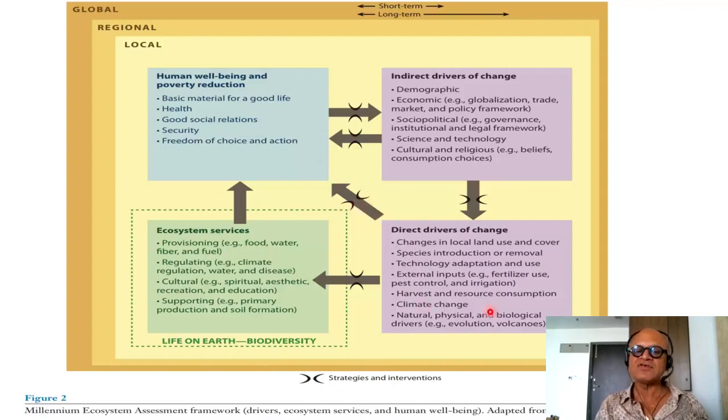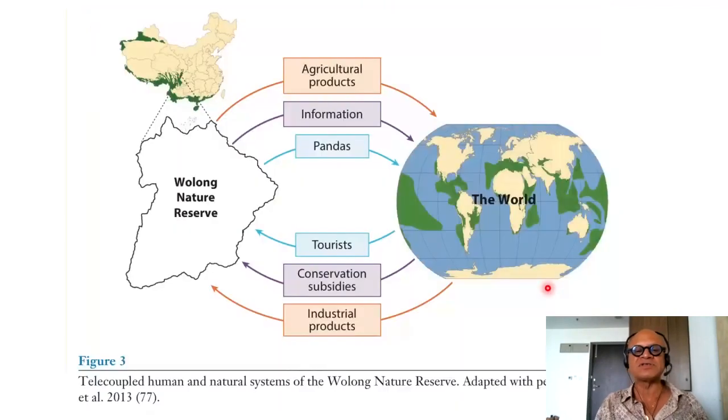So direct drivers of change include changes in local land use and cover, species introduction or removal, intentional or unintentional, technology adaptation and use, external inputs like fertilizers, pest control, irrigation, harvest and resource consumption, climate change, and natural, physical, and biological drivers.